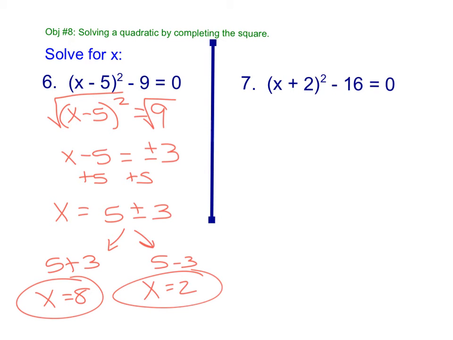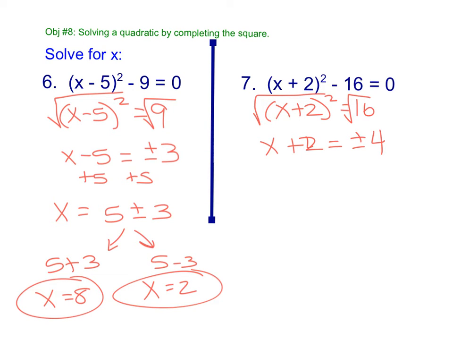All right, so now pause the video and do number 7 on your own. So same process. I move the 16. Once the square is by itself, we take the square root of it, and we get plus or minus 4. Move the 2 to the other side. I always just put it in front.